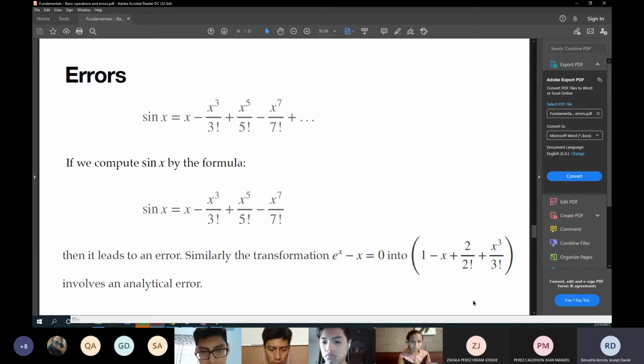But if we use this expression, how much do we obtain? So it's 1 minus 2.7 plus 2.7 squared divided by 2 factorial plus 2.7 to the power of 3 divided by 3 factorial.